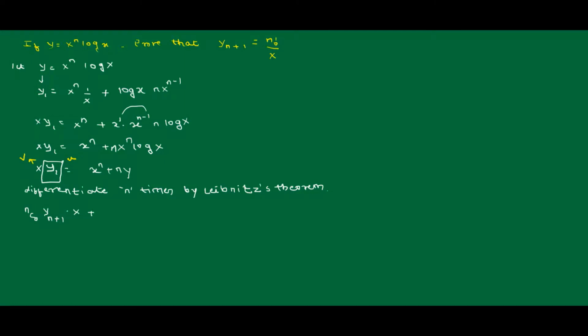Plus. Next, nc naught is over, here we can write nc1. Next, yn plus 1, 1 minus means we can write yn in the decreasing order. And what is differentiation of this x? Differentiation of x is equal to 1, and this is equal to, what is the nth differentiation of x raised to n? If y is equal to x raised to n, y1 is equal to n into x raised to n minus 1.